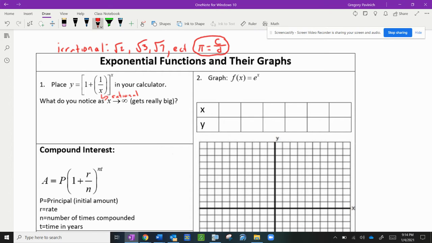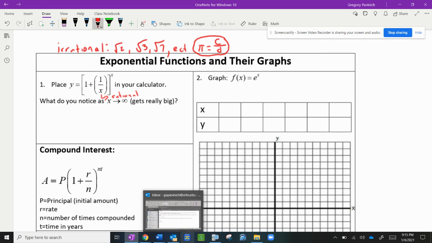The bigger this x gets, the smaller this fraction becomes, and it's going to then add to 1, and then we're going to raise that to a power, okay? So like 1 over 100 is a small number, and then we're going to add that to 1, and then we're going to take that quantity and raise it to that 100. And then what you find out is this becomes a horizontal asymptote.